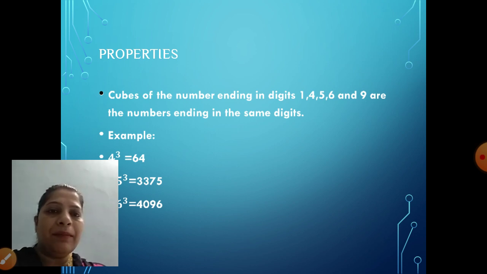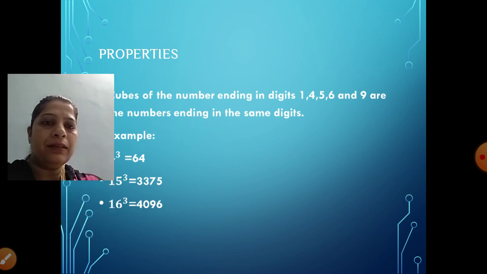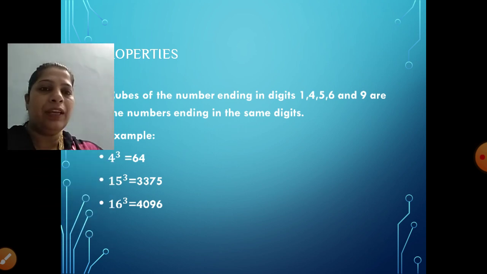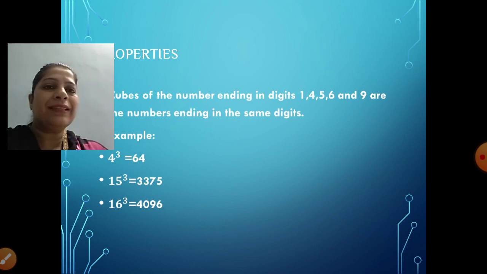Suppose I give some examples. Here is 15. The cube of 15 has the unit place 5, so the cube number again has unit place 5. You can see there, 3375. The last digit is 5 itself. In the same way, we take the cube of 16.